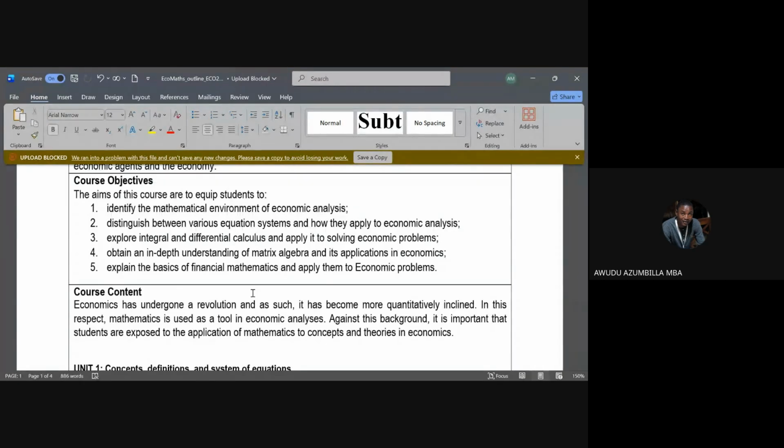When we teach you matrices, you will realize that it is very simple for us to use the matrix approach to find the unknowns rather than using elimination or substitution methods. These will help us in applying matrices in the context of economics. Then we'll also be able to explain some financial economics and how we are going to apply them in economic problems. So that will be the later part of the lesson. So let's zoom to the contents.